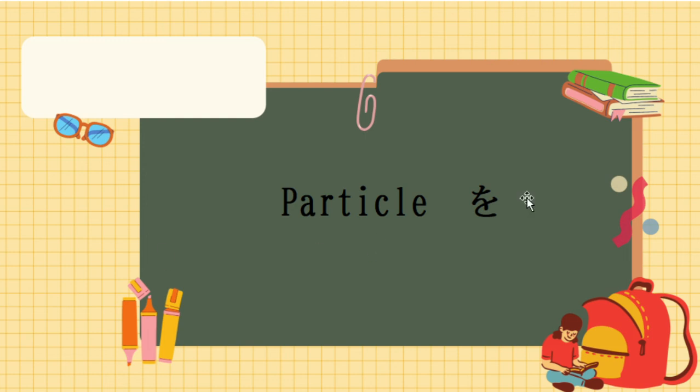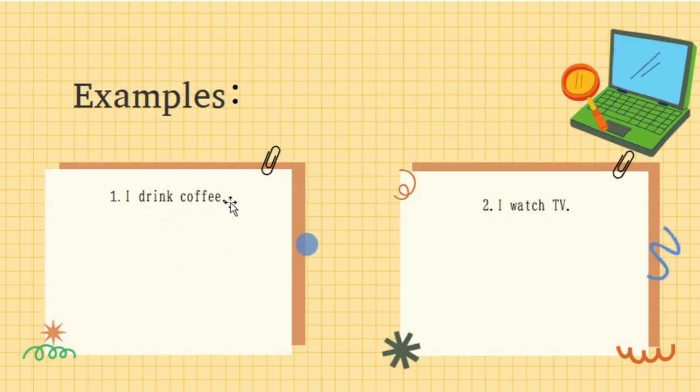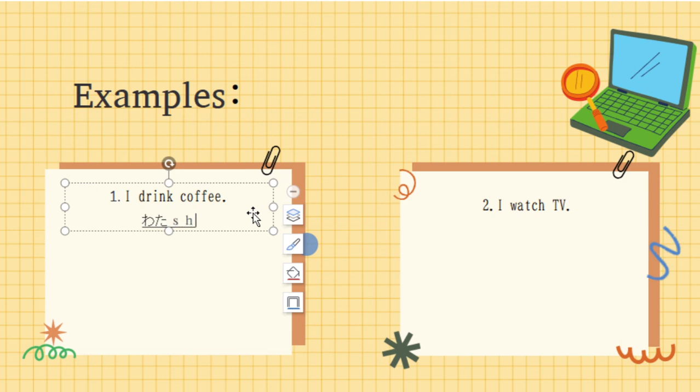Okay, next we have the particle o. So class, the particle o is used if you want to indicate the direct object of the sentence or the affected object in the sentence. So we have, I drink coffee. The affected object here is the coffee. So we have watashi wa, and coffee is kohi.